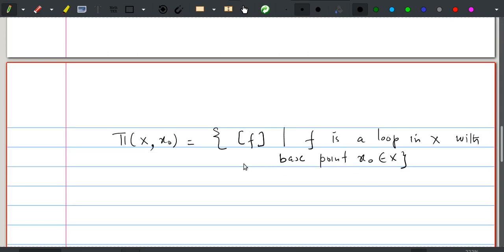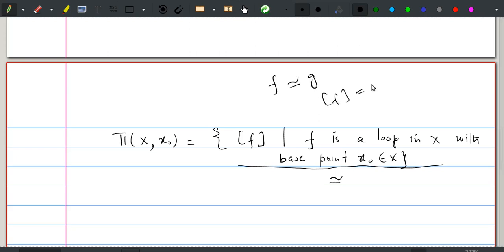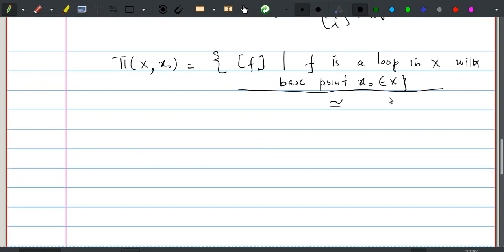Now this is up to homotopy, so let us take this quotient with the homotopy. Suppose we have f and g, two loops which are homotopic to each other, they will give us only one class. That means these classes here are not homotopic. What does that mean? Say we have a surface here, suppose this is point x naught.